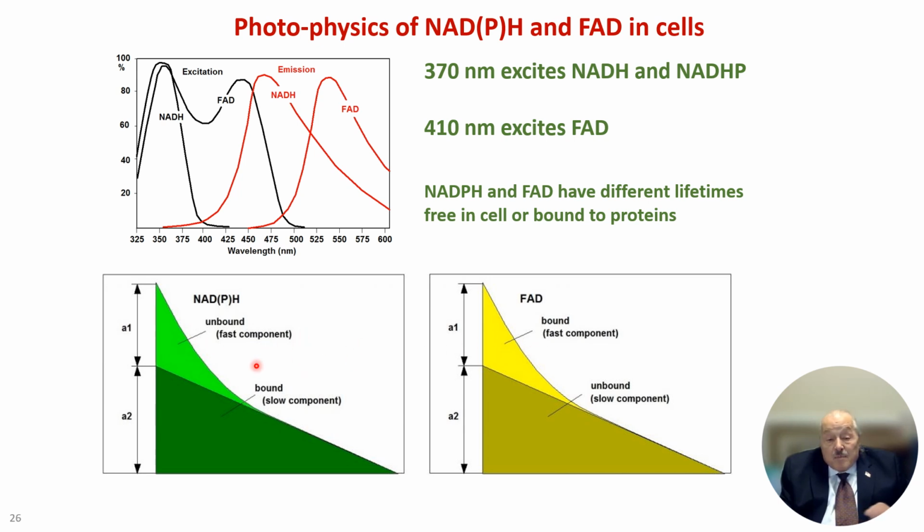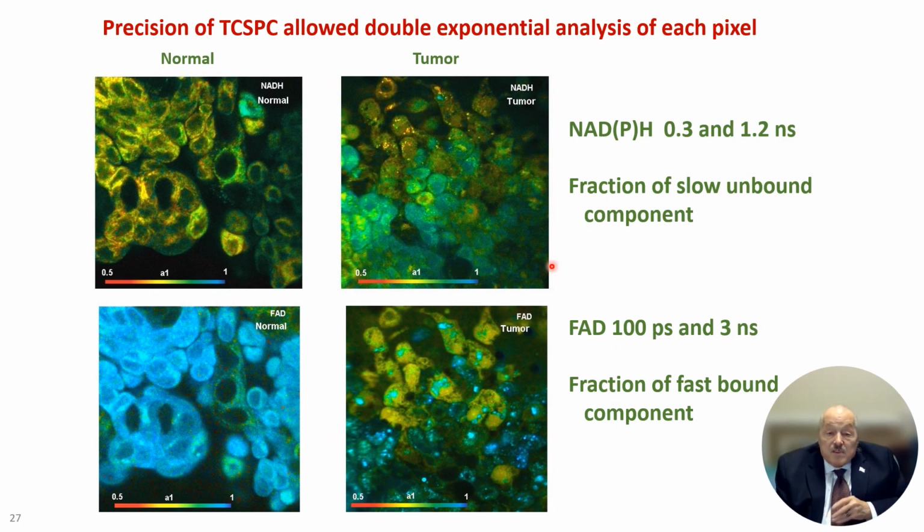And both of these compounds have fast and slow decay components, whether they're bound or unbound. To keep this discussion simple, I'm not going to distinguish too much between them, except to say, these molecules are in the cell, and each of them has a short lifetime and a long lifetime. And what these researchers did is they looked at normal cells and tumor cells, and they extracted from that data.